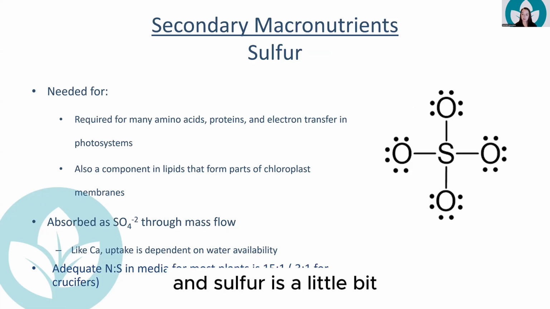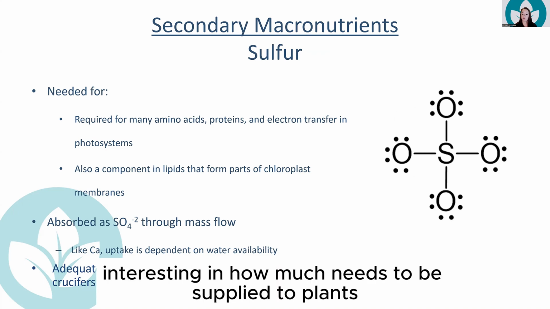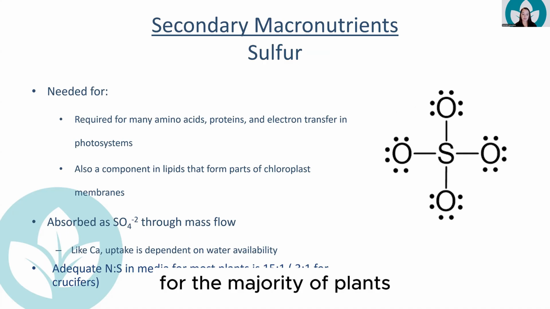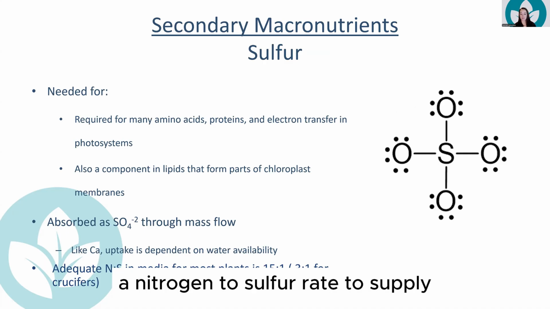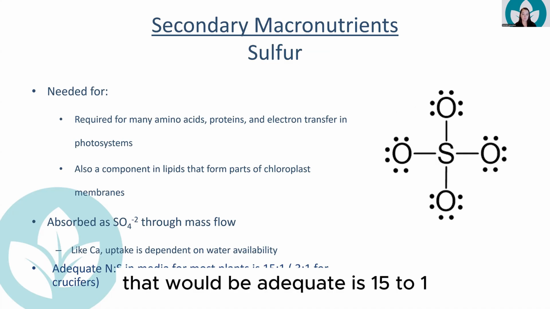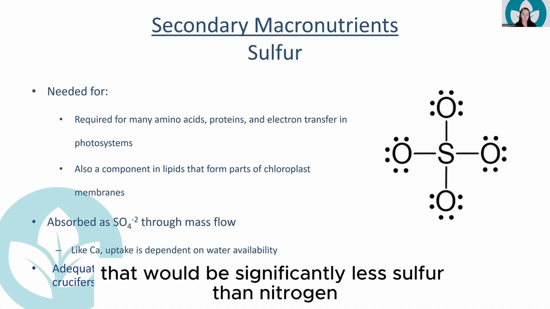And sulfur is a little bit interesting in how much needs to be supplied to plants. For the majority of plants, a nitrogen to sulfur ratio that would be adequate is 15:1. So that would be significantly less sulfur than nitrogen.